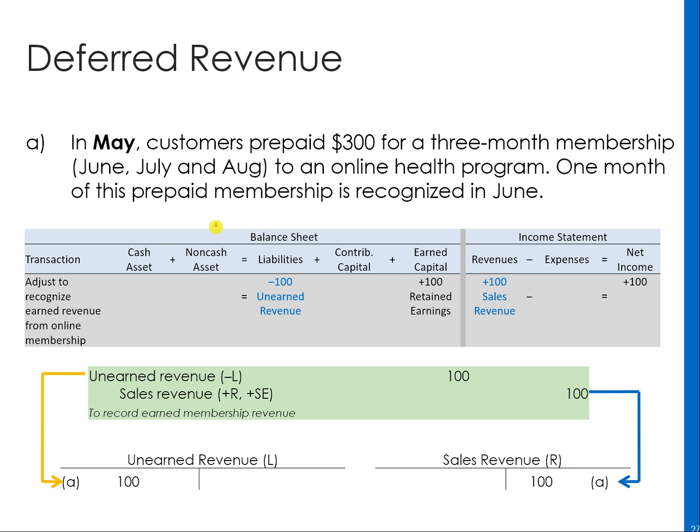So we're going to recognize one month, or 1/3, of the prepaid membership. That's $100. So we're going to recognize $100 revenue and reduce our obligation by $100. So we debit the liability $100 and credit sales revenue $100.